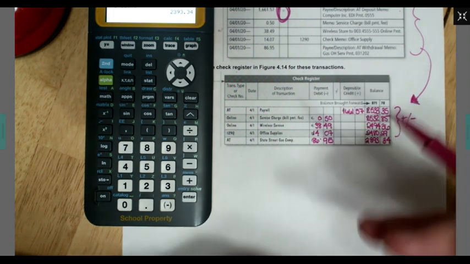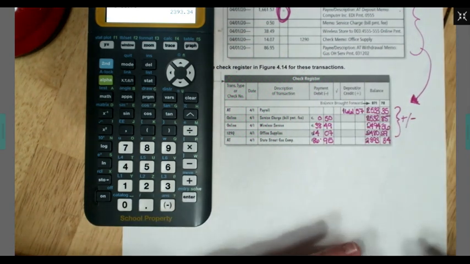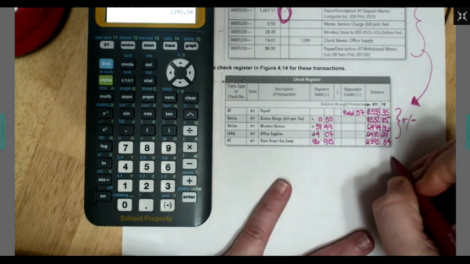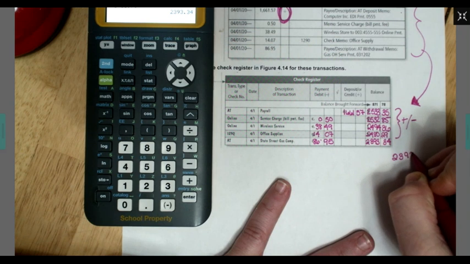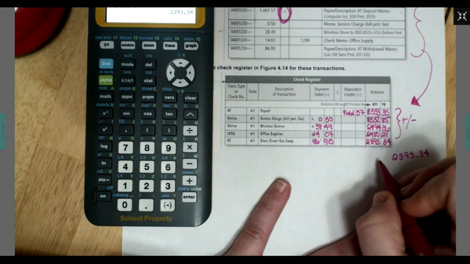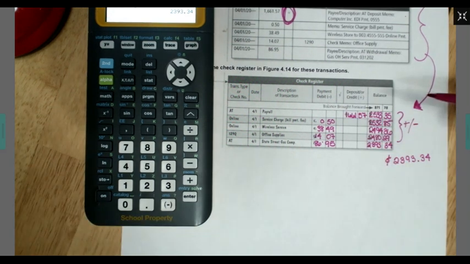So you're adding for your deposits and you're subtracting for all those payments that are coming out of your checking account. My final balance ended up being $2,393.34. I know it's kind of hard to read these numbers with those lines as small as they are. Go ahead and take a moment to make sure that your balances are matching up all the way down.